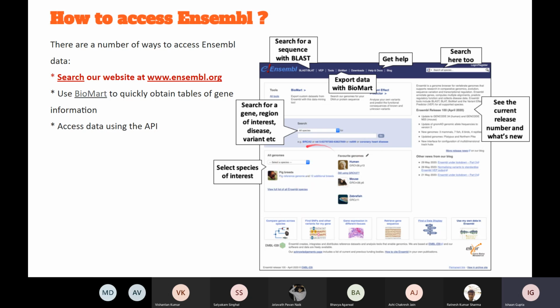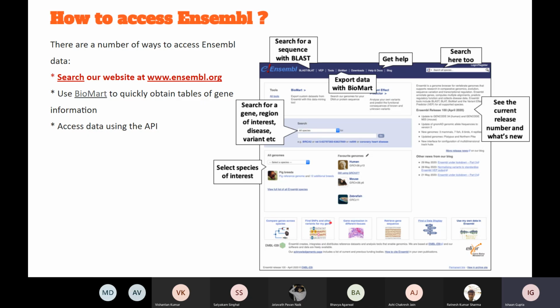Below this, you can look at all the genomes which are available, and you can go to a specific genome page. Obviously there are favorite genomes like human, mouse, and zebrafish. Then at the bottom, you have other tools available. For example, you can compare genes across different species. So Ratnesh, what you were asking me, this is something you can do: if you have a gene, you can compare that gene across different species and see which species this particular gene is closest to.